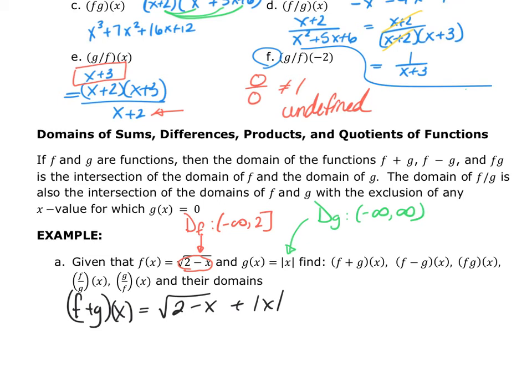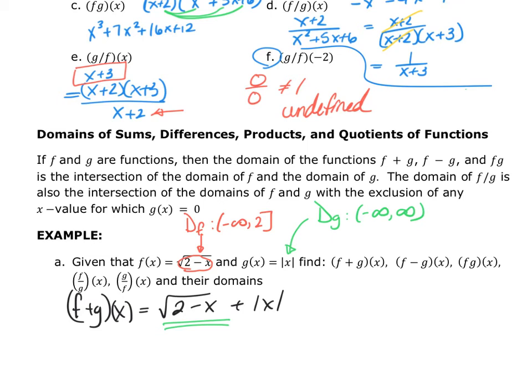Now the reason I chose these two is really to focus more on the domain itself than on the algebra of adding and subtracting like terms. So for this particular function, I have the absolute value of x, no issues, but this part of this addition of this new function, this part says that it's going to dominate.